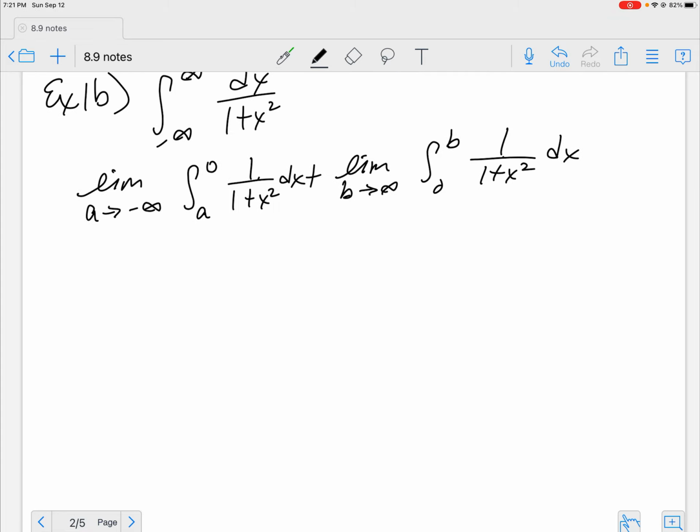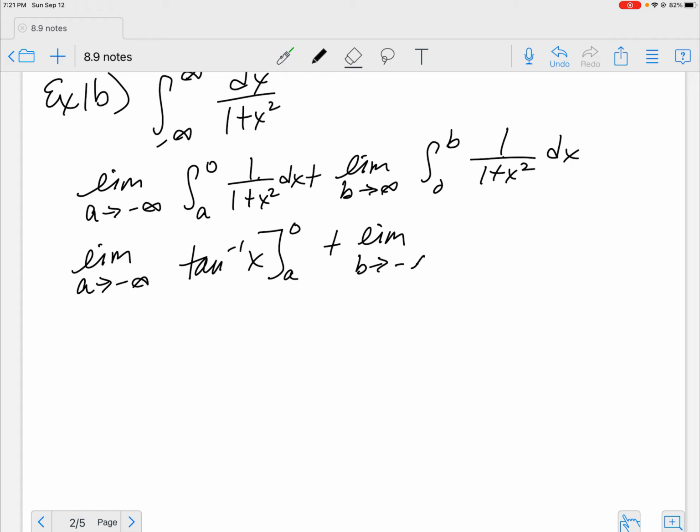Okay, let's do it. So I'm taking the limit as a approaches negative infinity here of inverse tangent of x from a to 0. Plus my limit as b approaches infinity, not negative, infinity of inverse tangent of x, and I'm going from 0 to b there. So plug it in.